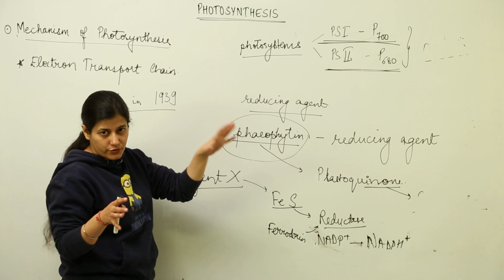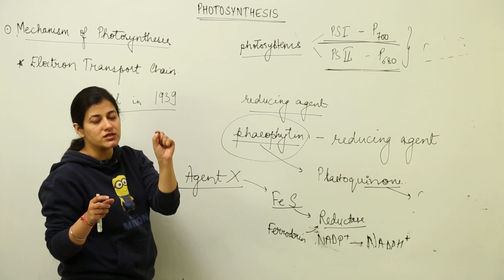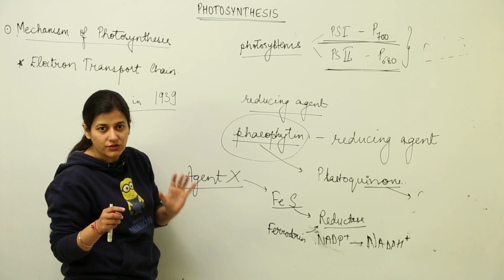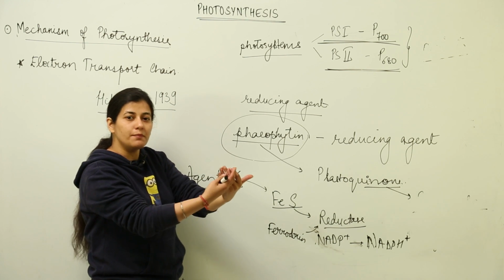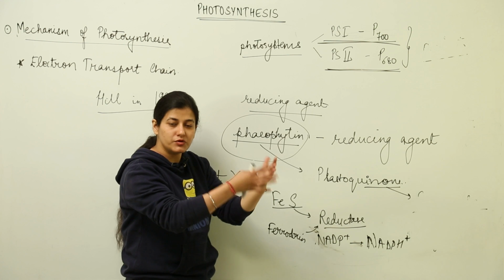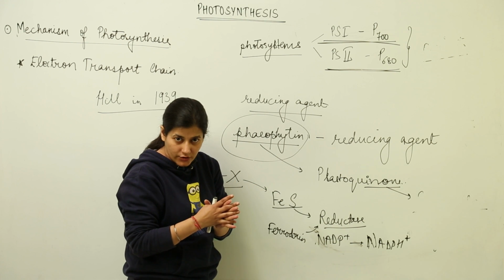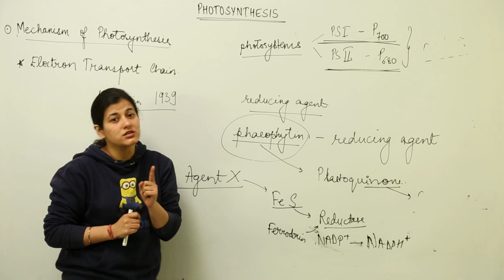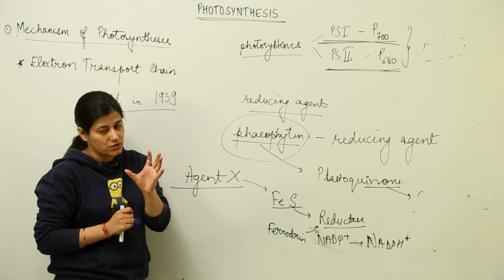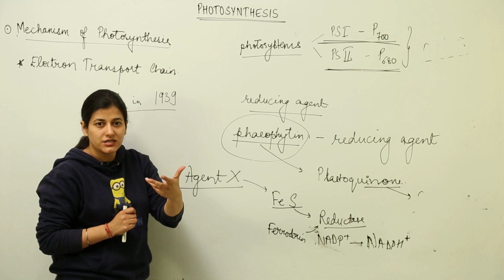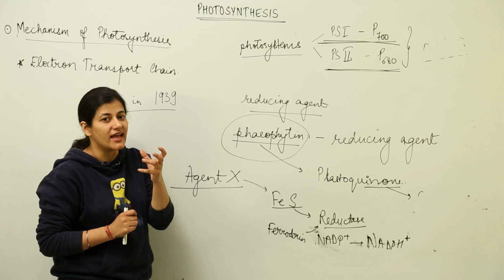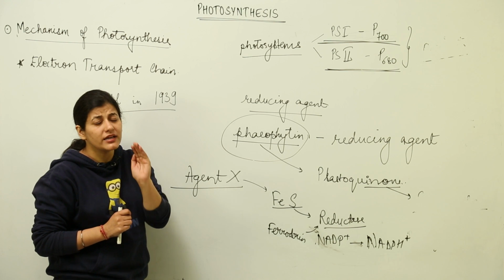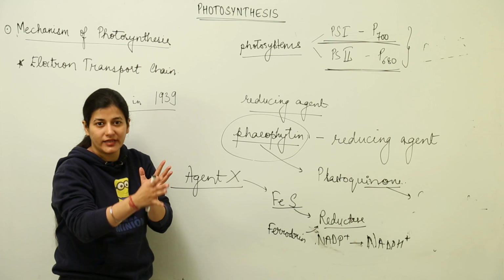Now, what we have to deal with is that some electron is going to get excited at some stage, and it has to go from one particular agent to other agent, which would act as the reducing agent. The first photosystem molecule which gets rid of the electron would act as an oxidant. Now then that oxidant has to be supplied with an electron.